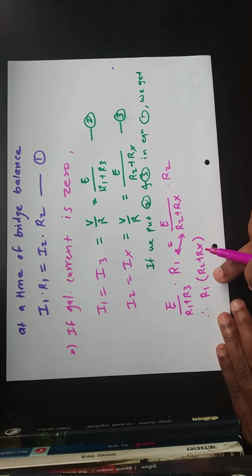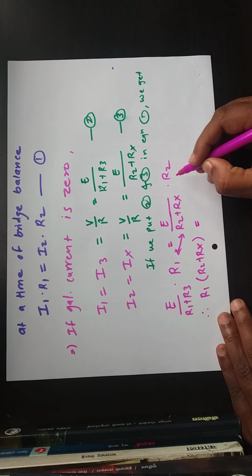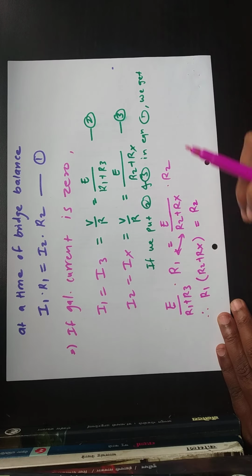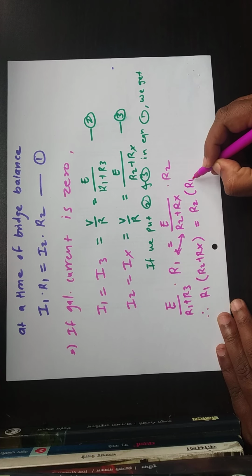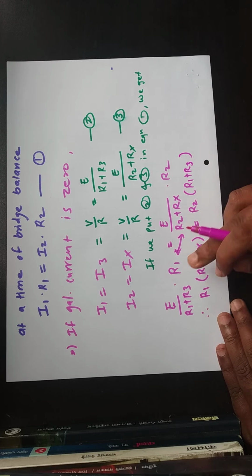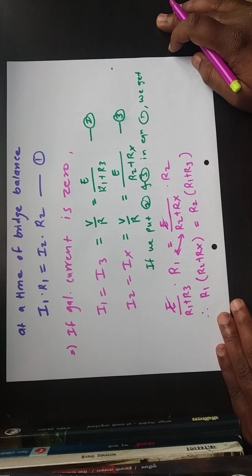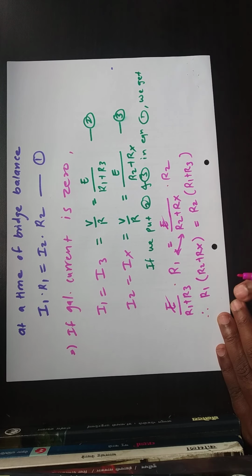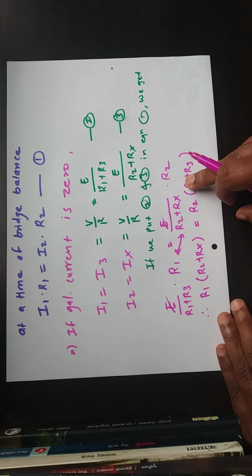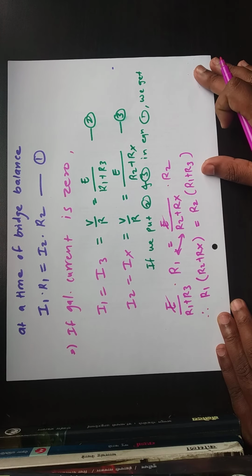R1 into R2 plus Rx is equal to R2 into R1 plus R3, and because of the cross multiplication, this E will cancel out. So what you get is R1 into bracket R2 plus Rx is equal to R2 into R1 plus R3.